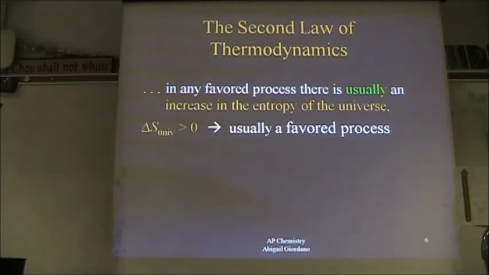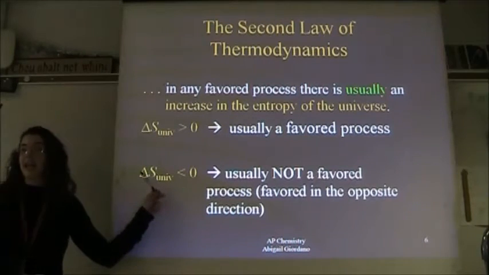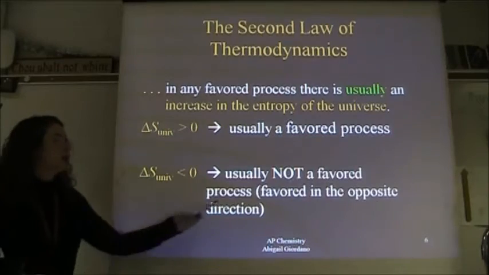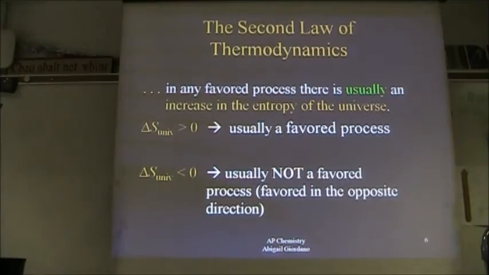We'll get to that in a second. If your delta S is a negative value, it is probably not going to be favored. It doesn't mean it definitely won't be, but it is unlikely to be favored for the reasons we just described.